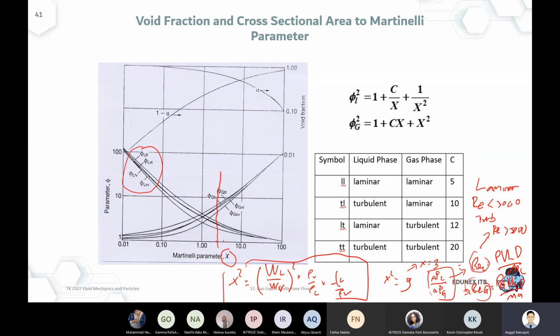I know I'm working with a very turbulent case for a pure liquid and for a pure gas. So in that case, use the symbol for turbulent. Match with the top series, as you can see over here. So that's what I should use.